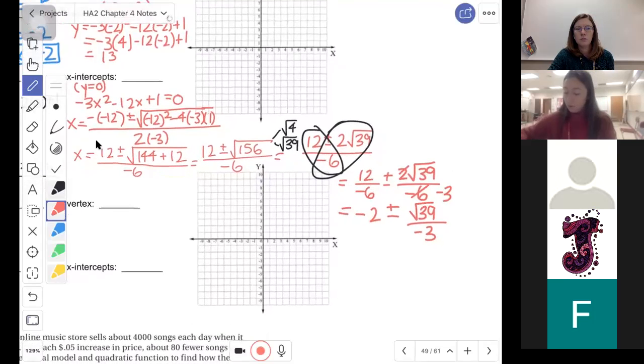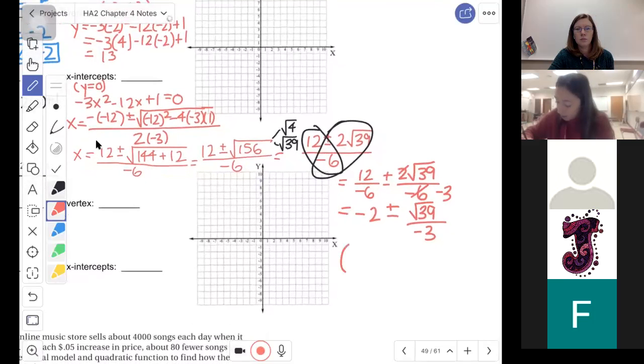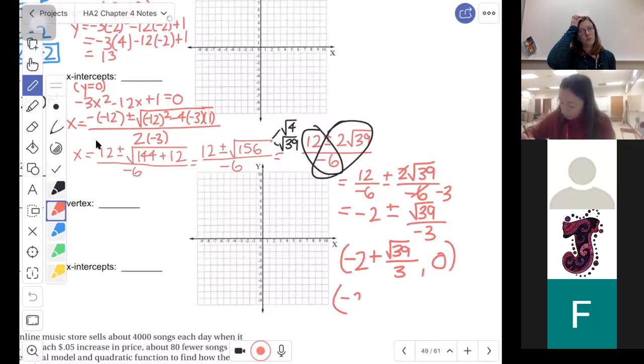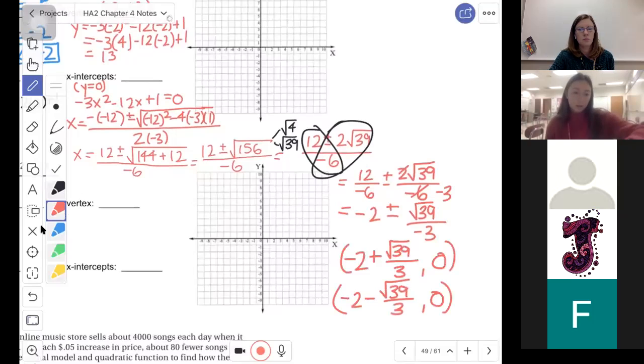So we know when we are finding our intercepts, then we are going to plug in our calculator. Negative 2 plus root 39 over 3, and then negative 2 minus root 39 over 3. And those will be our two intercepts. So go ahead and plug that in your calculator.